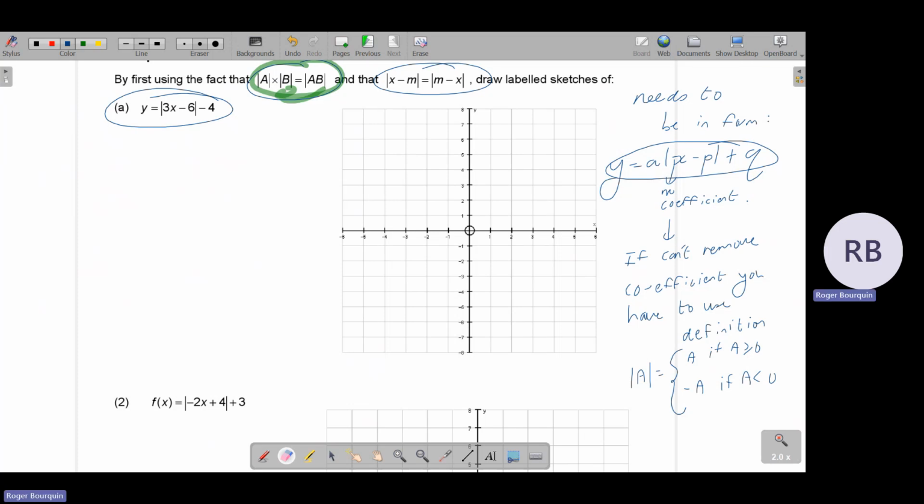That says if you can't remove the coefficient, you have to use the definition, with the absolute value of A equal to A for A bigger than or equal to 0, and negative A for A less than 0.